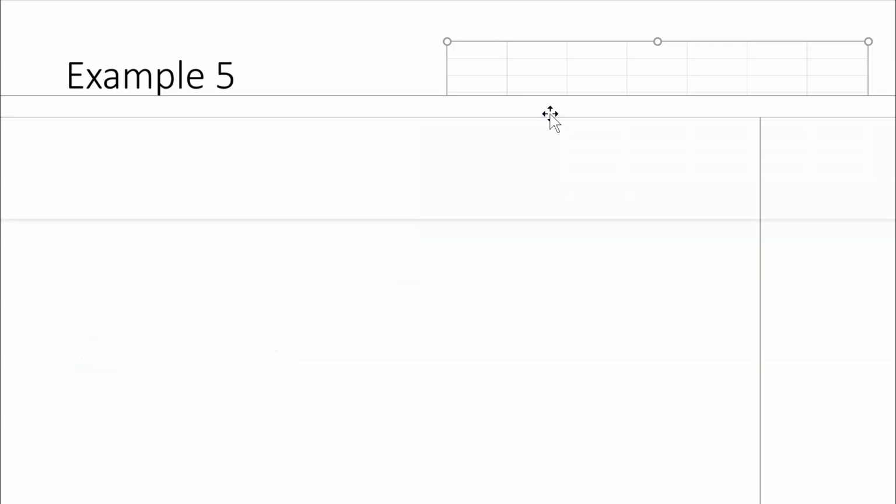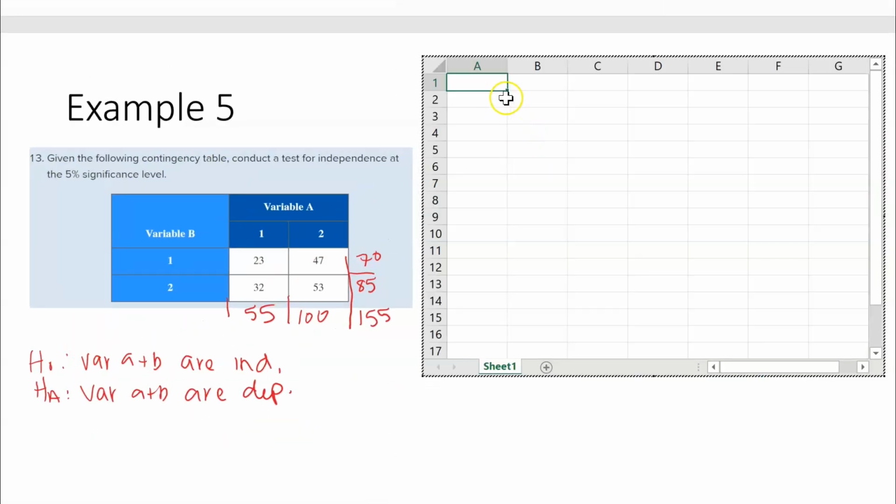I am just going to do it right in Excel this time so you can see something a little bit different. So I'm going to do O minus E squared, O minus E squared divided by E. My observed values are what I've got right here.